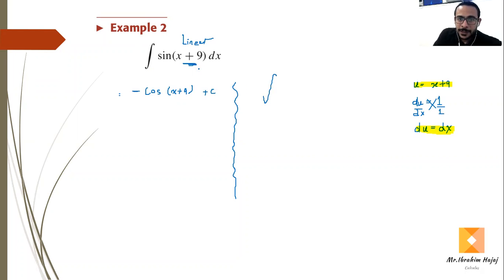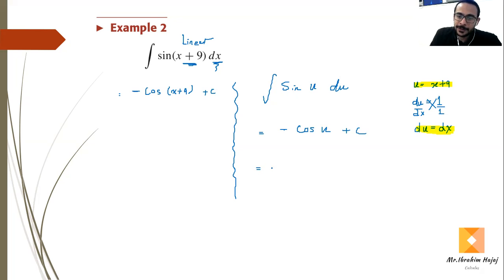We do the integral of sine here, and replace x plus 9. Here's my finger, I put my finger on x plus 9. Yes, it's u. Plus what? The dx, we will replace it with du. Then the integral of sine u is negative cosine u plus c, right?